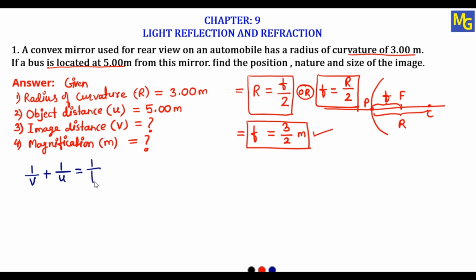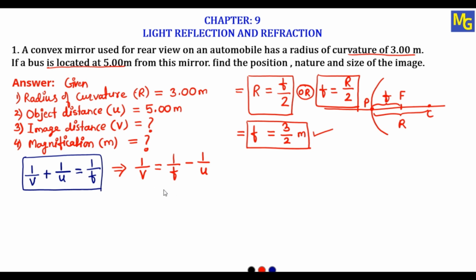This is our mirror formula. But in the question we have to find out v, and that's why we have to rearrange this whole formula. After rearranging we can write it like this: 1 by v, which we have to find out, is equal to 1 by f, and 1 by u we will shift to that side, so it will be minus 1 by u. This will be the formula which we are going to use in this sum.